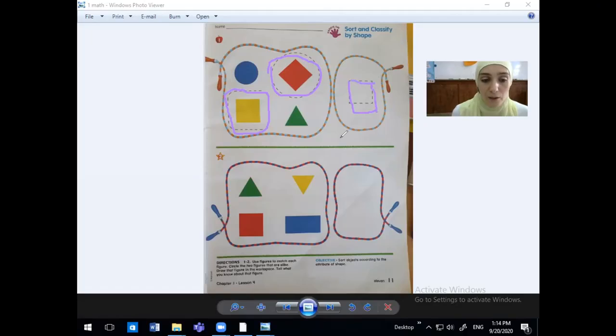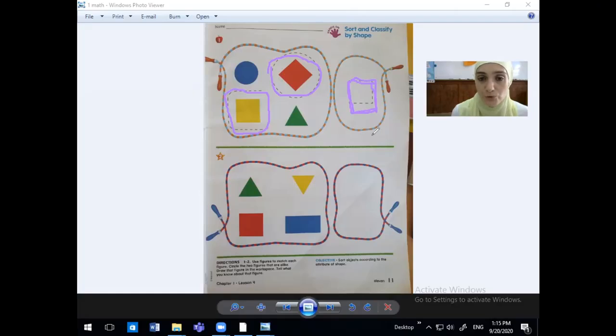Okay, and now we need to say what we know about that figure, about the square. So first, let's see how many sides the square has. The square has 1, 2, 3, 4 sides. Every square has 4 sides, but a rectangle also has 4 sides. Then what's the difference?